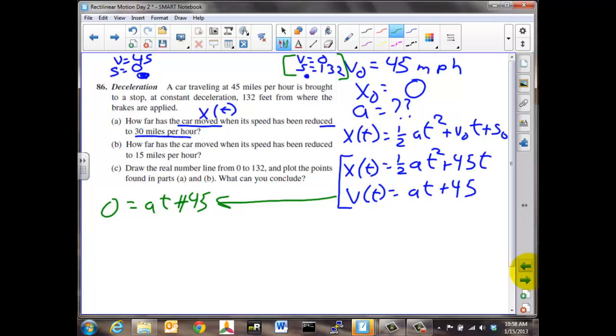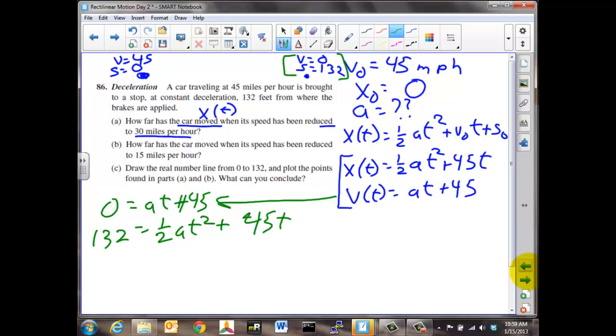Okay, so look at what we're going to do. We're going to set this equation equal to 0, and at the same moment in time, we can set our position equation equal to 132. Now, why is that beneficial?